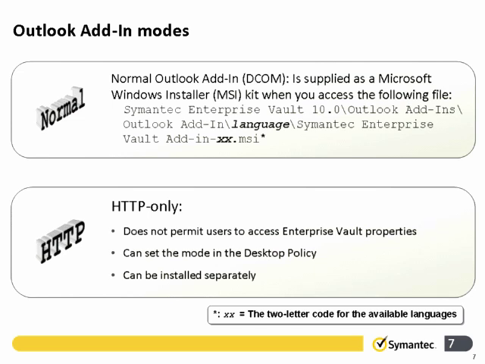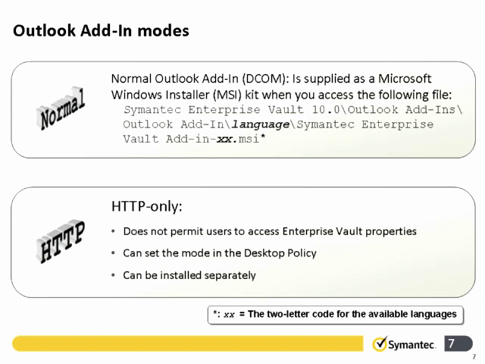With the HTTP only client, there are some limitations, such as it does not allow the user to have access to the Outlook properties associated with Enterprise Vault. You can set this mode in the desktop policy, and based upon the version of Outlook that you're using, that can determine which mode you will be in, either normal or HTTP only.